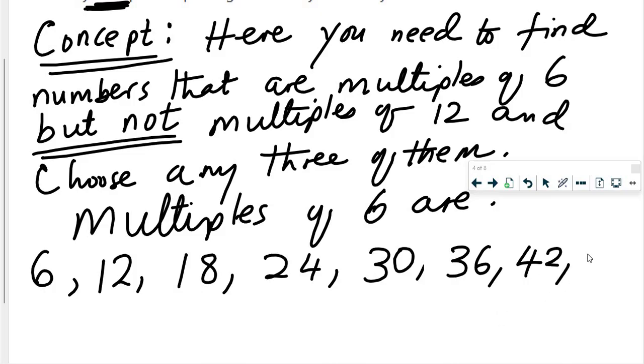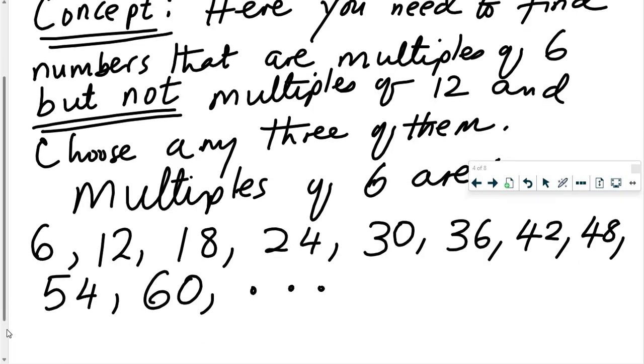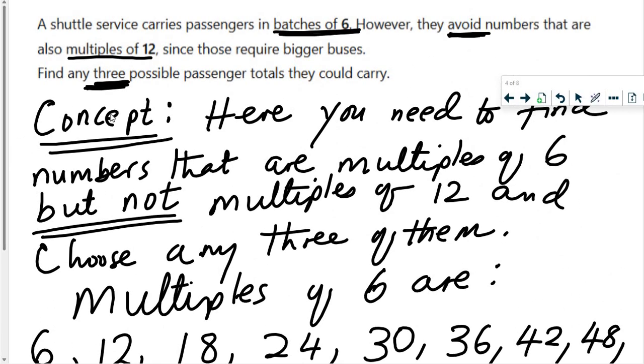Add 6, you have 48. Add 6, you have 54. Add 6, you have 60, etc. Because multiples of a number, they go to infinity. That is why the question says find any 3.